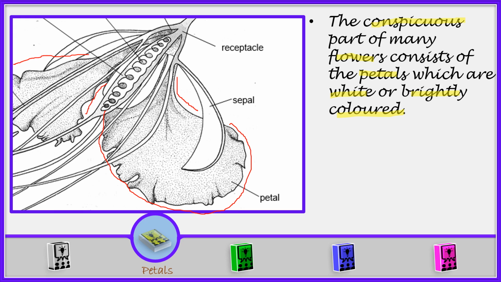The part which is easily seen on all the flowers are the petals. They may be white, or they might be just brightly colored. So these ones are our petals, the most conspicuous parts of the flower, easily seen.